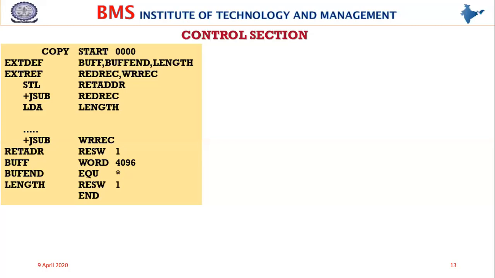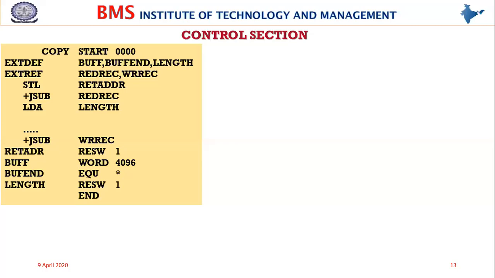EXTREF has RDREC, WRREC, which are the two symbols not defined in this section but defined in another section. We also have STL RETADR, where return address is declared in this section only and not used by any other section. For that reason, we are not putting it under EXTDEF. Below, you can see the declaration RETADR RESW 1.